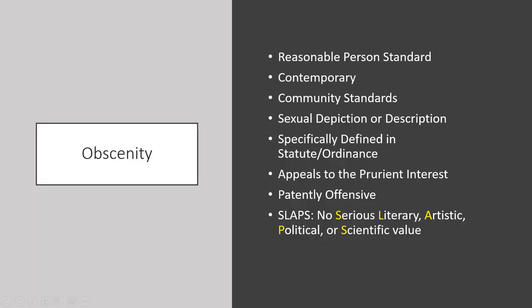The SLAPS test applies a national standard because courts have said that what constitutes literature or art or science or politics, and particularly science and great literature, does not change depending on where you live. So we judge whether something has literary, artistic, political, or scientific value, serious value as to one of those things, by a national standard.